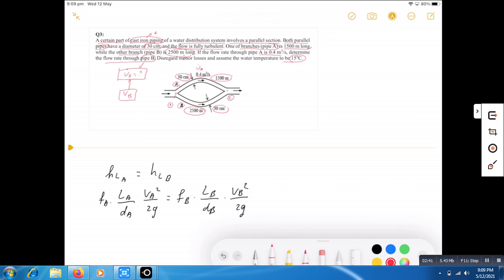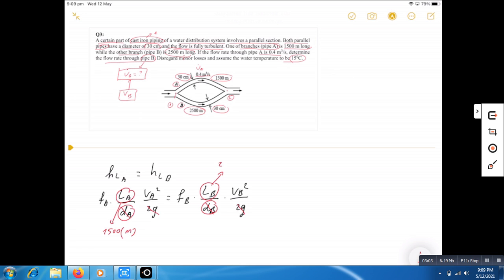As you know, dA equals dB equals 30 centimeter, so we can cancel out dA and dB, and cancel out 2g. LA is mentioned in the question as 1500 meter, and LB here is 2500 meter.